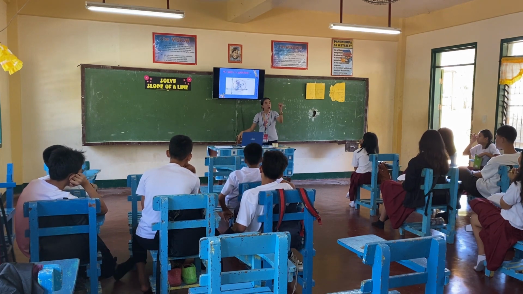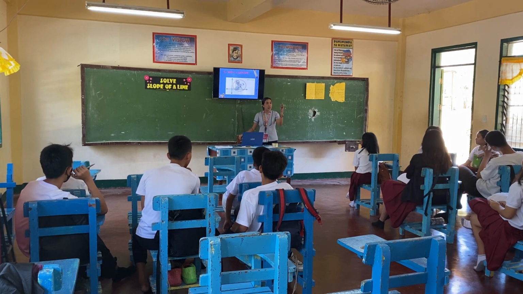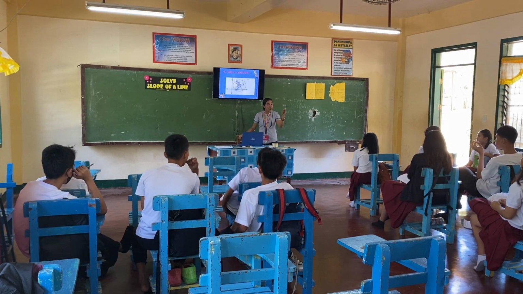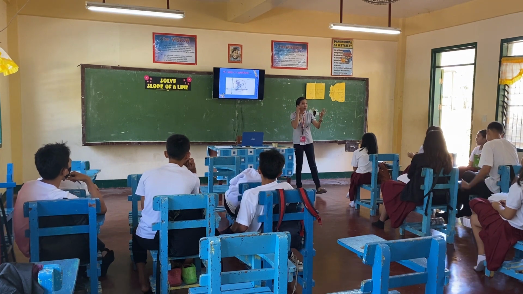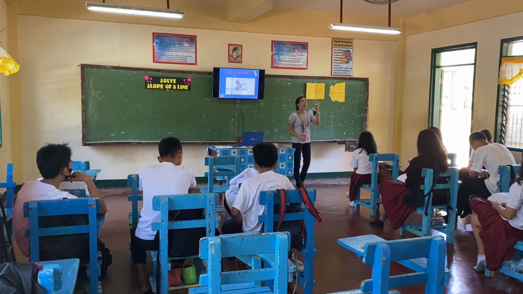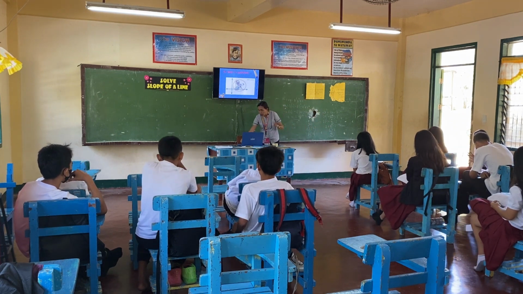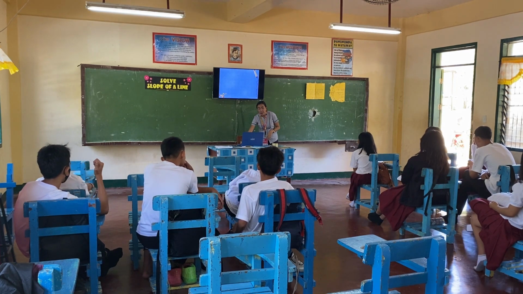If the slope is undefined, the graph is vertical. If the slope is 0, what is our graph? Horizontal. If our slope is positive, uphill. If our slope is negative, downhill. So remember always the 4 types of graph of the slope of a line.